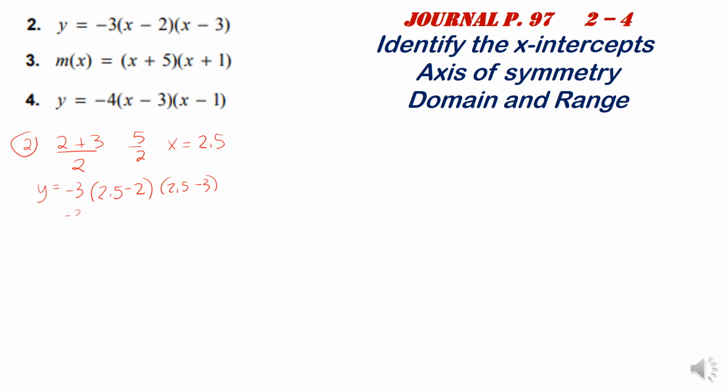And then we get negative 3 times 0.5 times negative 0.5, and that equals y equals 0.75 when you multiply it by 3. So now we know that our vertex is 2.5 and 0.75, and you can convert those into fractions, it doesn't matter.